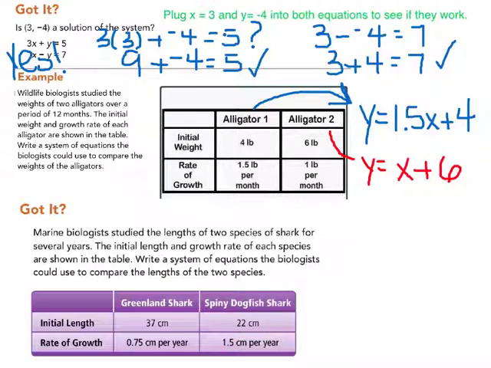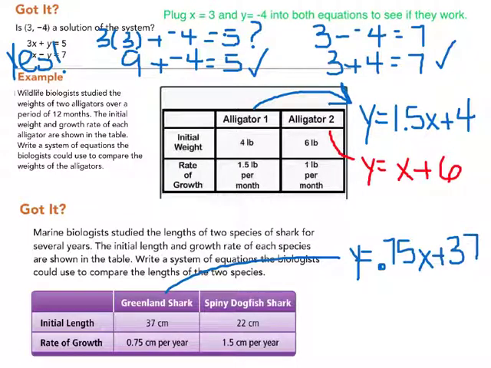So for Greenland sharks, we will have y equals the rate or slope, which is 0.75 centimeters per year, so times x, plus our initial value, which is 37. So that's for the Greenland shark.